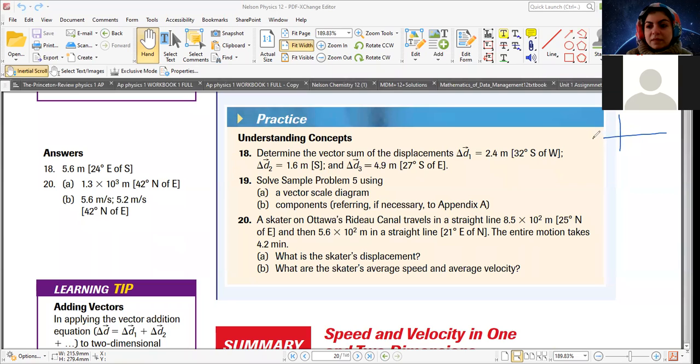That means you start at west, then you go to the south. So this is west, this is south, right? You start at west, then you go to the south. How many degrees? 32 degrees. The magnitude of that is 2.4 meters.